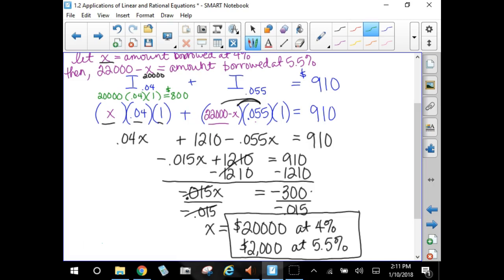For the next account, at 5.5%, she borrowed $2,000 at the interest rate of 0.055 for 1 year. 2,000 times 0.055 times 1 comes out to be $110. Now, when you take the two amounts of $800 and $110, that gives you what the problem told us she had to pay in interest, and so that makes sense. That checks.